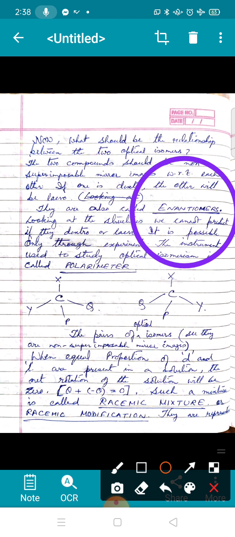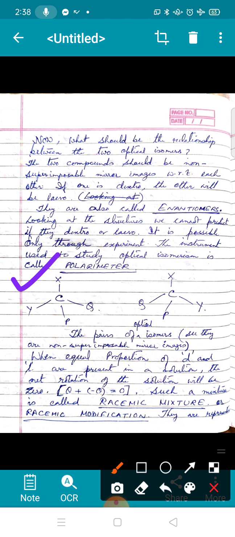Alright, so enantiomers are optical isomers which are non-superimposable mirror images, and they exhibit optical isomerism. That means if this particular compound is rotating the light towards right, then this will rotate towards left, through the same angle.